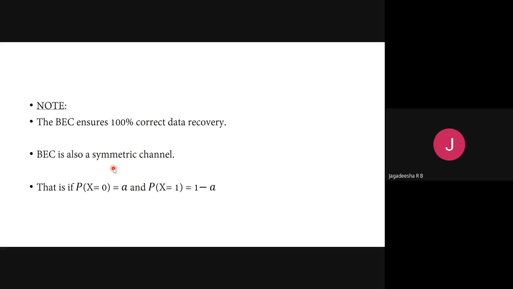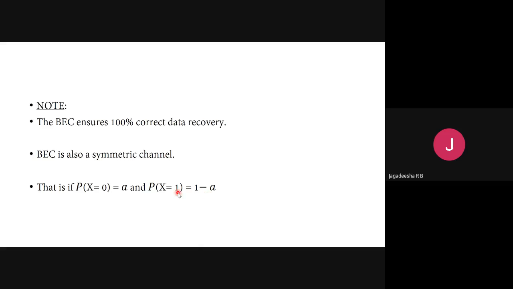Okay, then if the probability of transmitting 0 is equal to a, then the probability of transmitting 1 is 1 minus a. So one symbol, maybe 0, is transmitted with probability a, and the other symbol, 1, will be transmitted with probability 1 minus a.